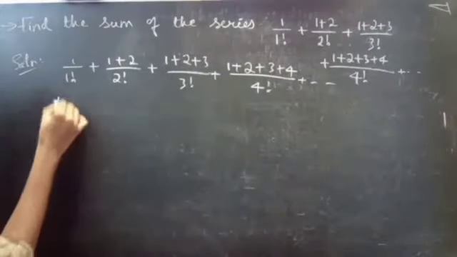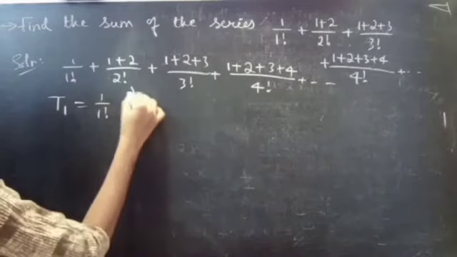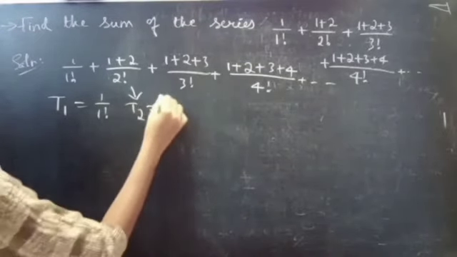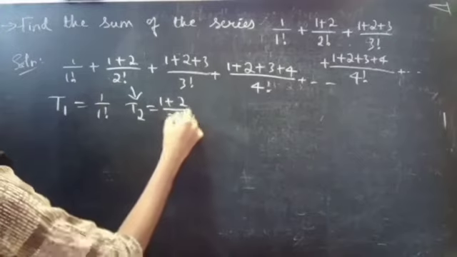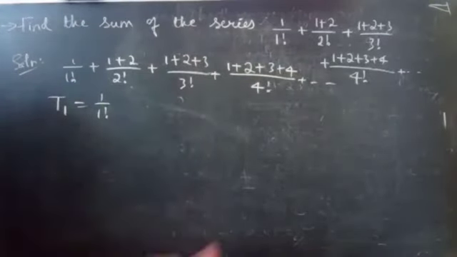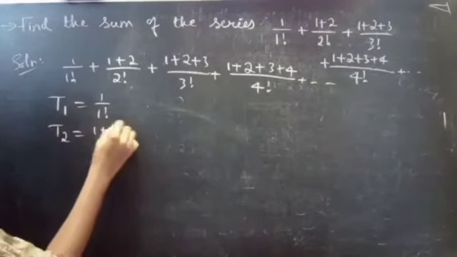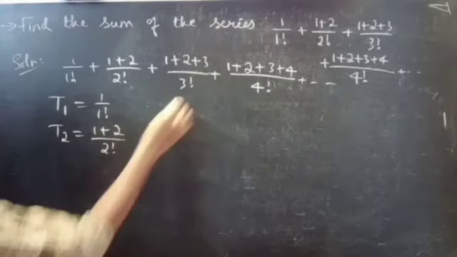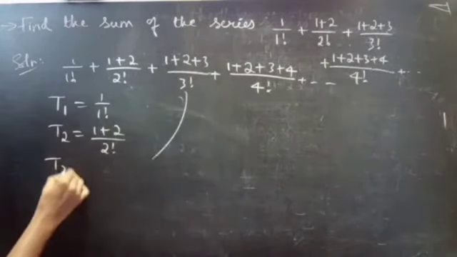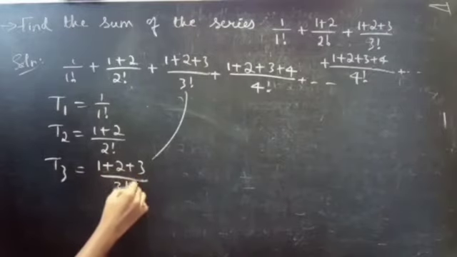Let us consider the first term as t1 equals 1 by 1 factorial, the second term as t2 equals 1 plus 2 by 2 factorial, and t3 equals 1 plus 2 plus 3 by 3 factorial.